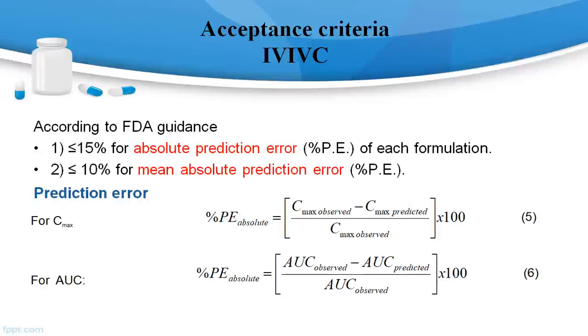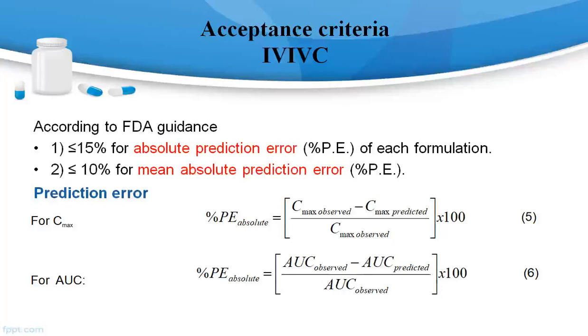Acceptance criteria for in vitro in vivo correlation. According to FDA, it is acceptable if the absolute prediction error is less than or equal to 15% for each formulation, or if the mean absolute prediction error is less than or equal to 10%.